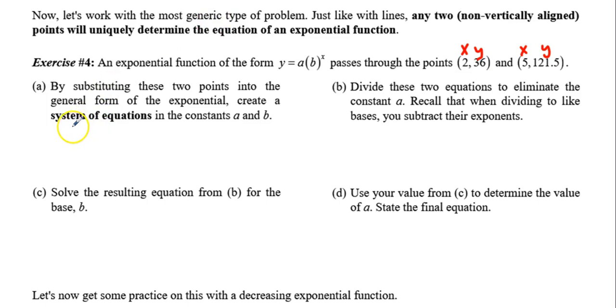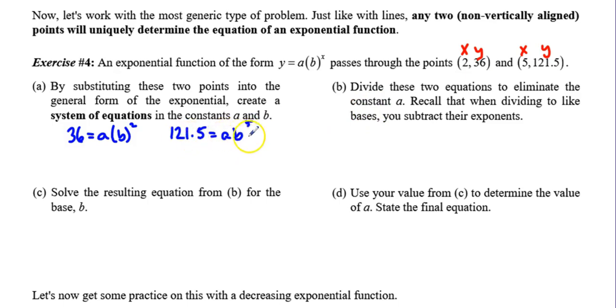Okay, so hopefully you wrote something like this. For the first one, we've got 36 equals a times b to the second. And then the second is 121.5 equals a times b to the fifth. It says go ahead and divide these 2 equations.